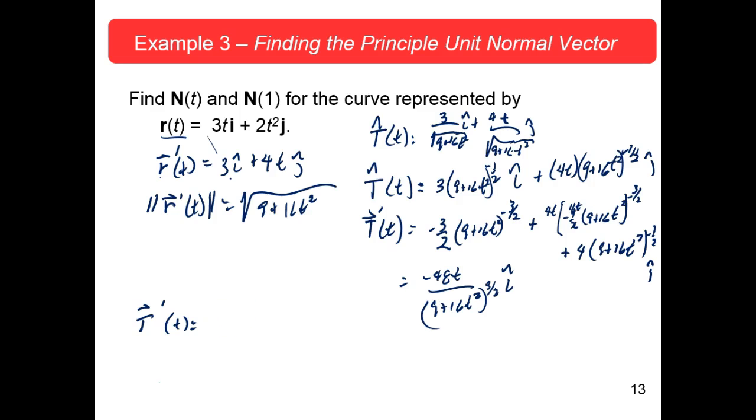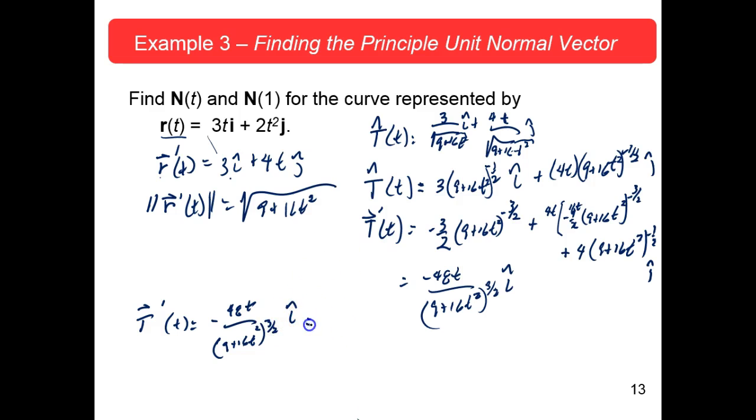Now, understand that I didn't do the chain rule up here. I did it down here. I did it in two parts. So that's minus 48t over 9 plus 16t squared to the 3/2 power, and that's all times i.